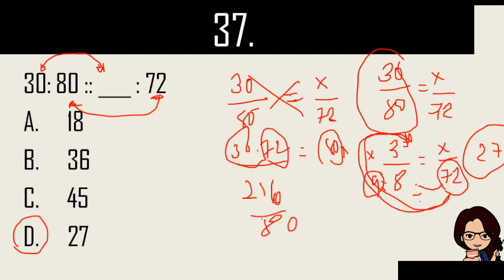Ngayon, tinitingnan mo pa lang yung 216 over 80, medyo hazy ka na. Hindi pa yan tapos kasi yung 216, 72 times 3 lang yan eh. So, meron ka pang 0 na isang ganyan. Medyo tricky siya. Pwede, maraming room for errors. So, ito yung ginagamit kong technique kasi it's faster, it's easier, and hindi masyadong masakit sa bangs.